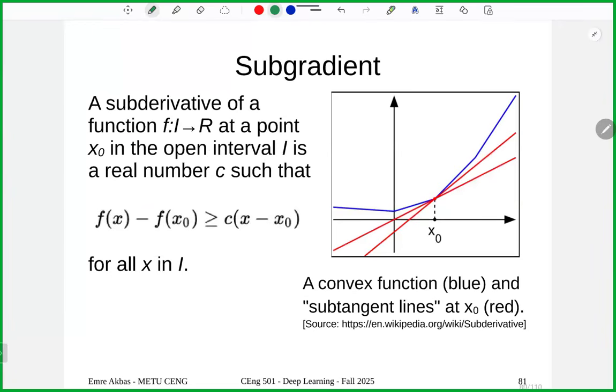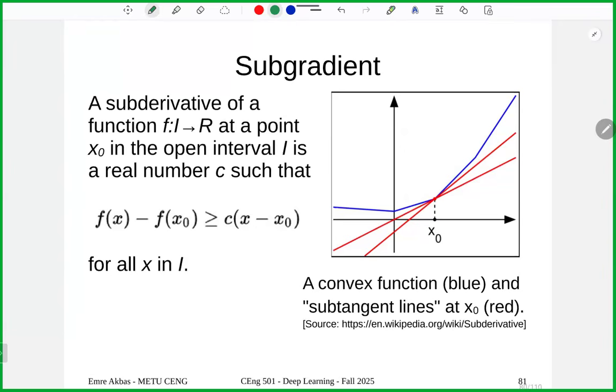You see the mathematical definition on the left, but let's look at the figure. The blue function, as you can see, is a piecewise linear function, and it has all these breakage points. It is continuous, but at those points it's not differentiable because the left derivative and right derivative are different.